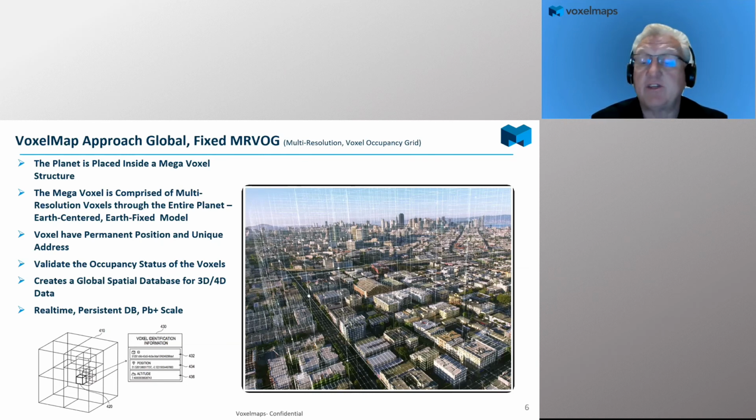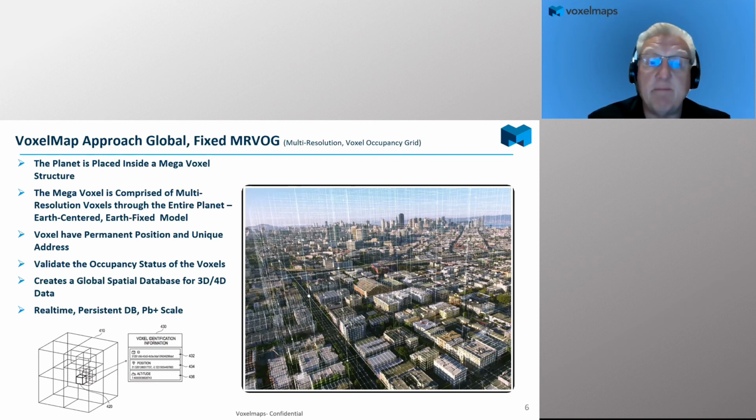But when it gets down to having objects or feature class within that voxel, we get it down to between 1 to 4 centimeters. So it creates basically a global geodatabase, both above ground and below ground, for 3D and 4D data.